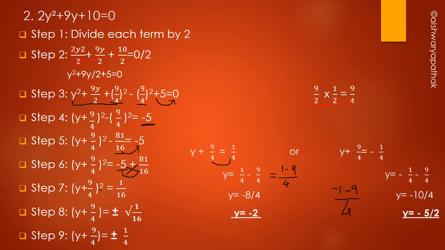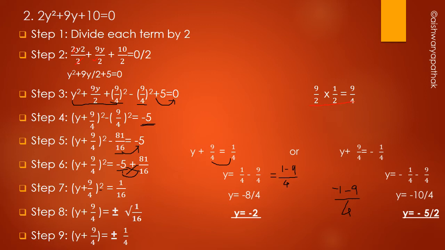Next, in step 4, what you have to do? You have to collect or combine this. So y square, take 1y from this, and whatever you have got here, meaning the answer after multiplying with half, the 9 upon 4, you have to take one time and their whole square. And the remaining part, minus 9 upon 4 whole square, is equal to minus 5. How did you get it?